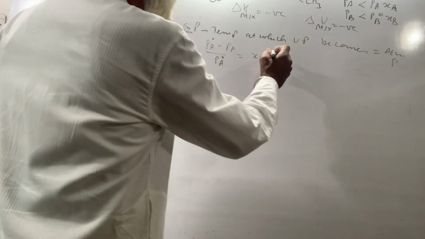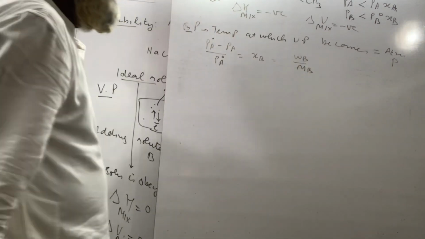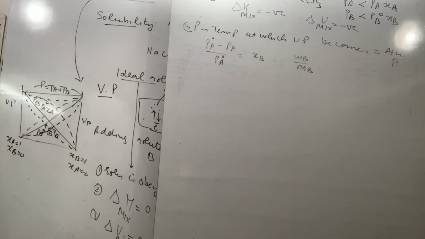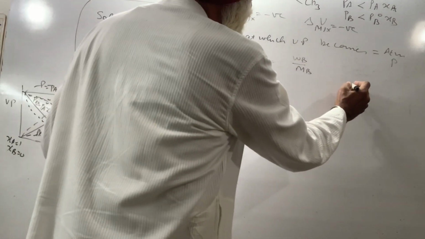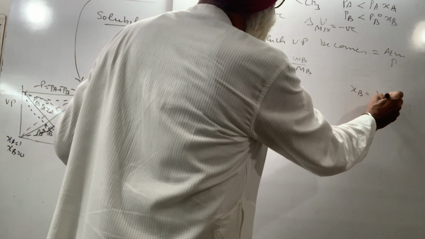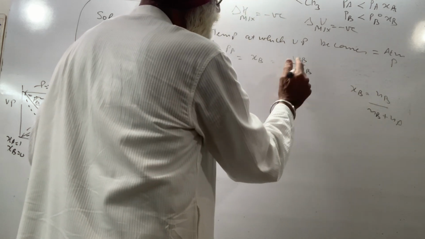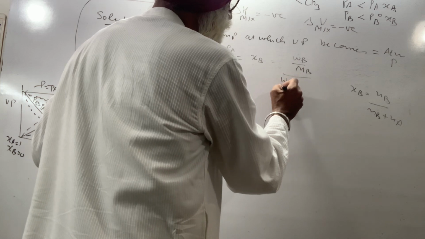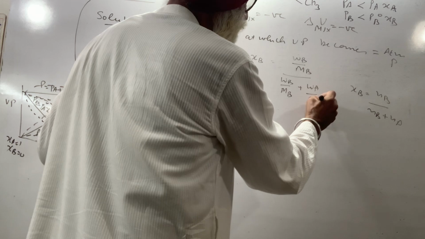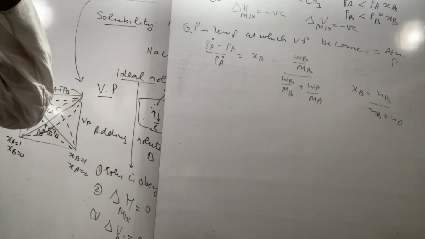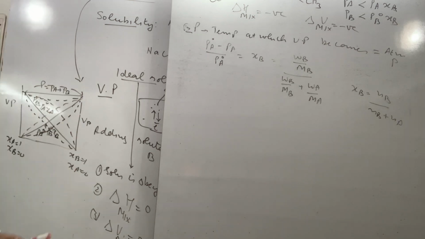Now mole fraction is equal to WB upon MB. XB is equal to NB upon NB plus NA. So this is NB, here WB upon MB plus WA upon MA. W is weight of a particular substance, M is molecular mass.